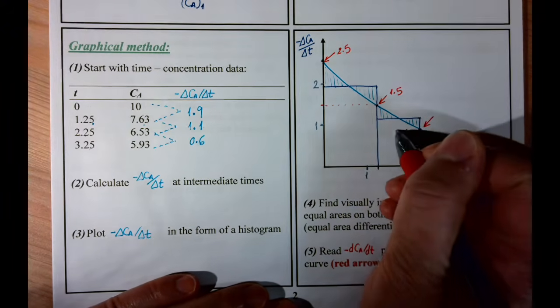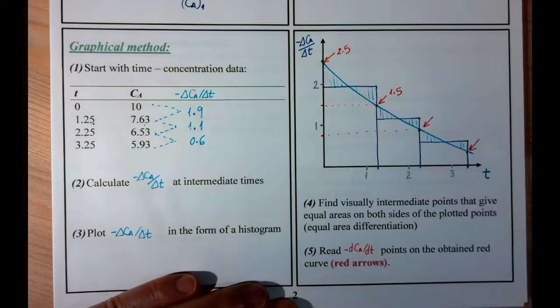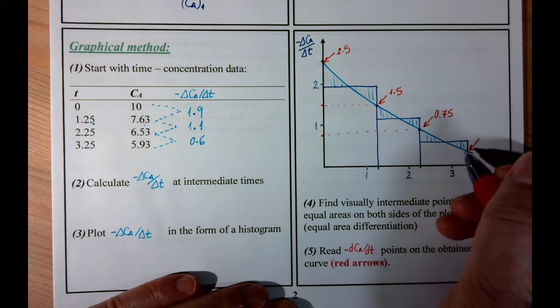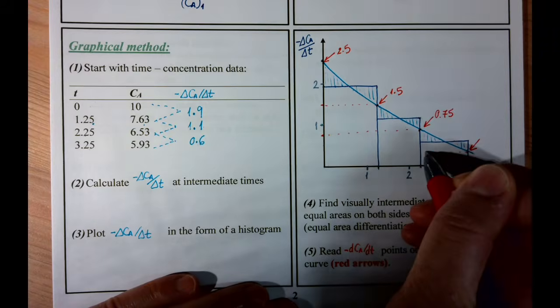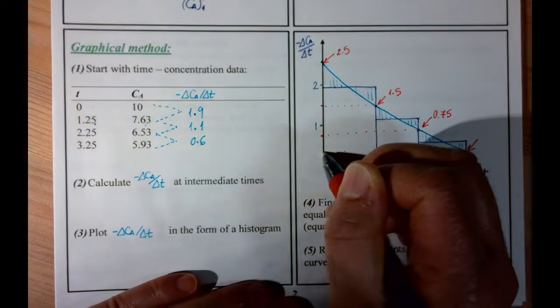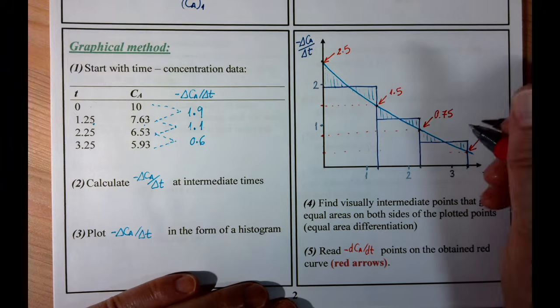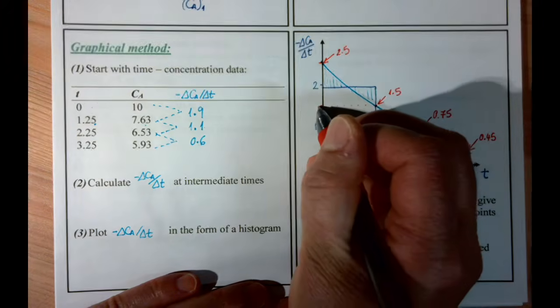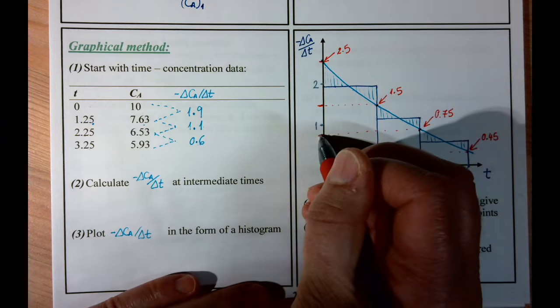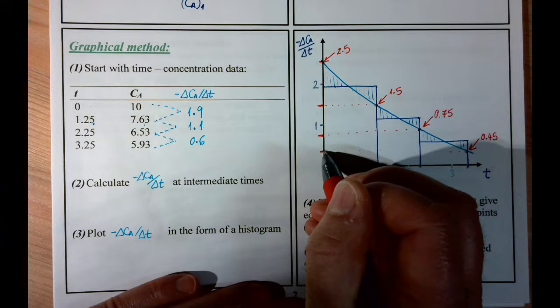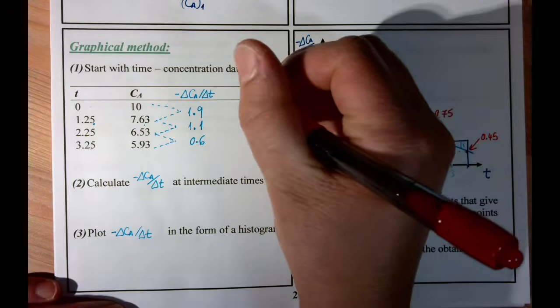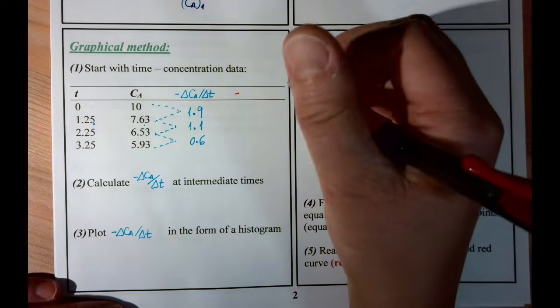This one would be around 0.75, and this one here would be around 0.45. So these are my negative dCA dt values, which I can now put in a column.